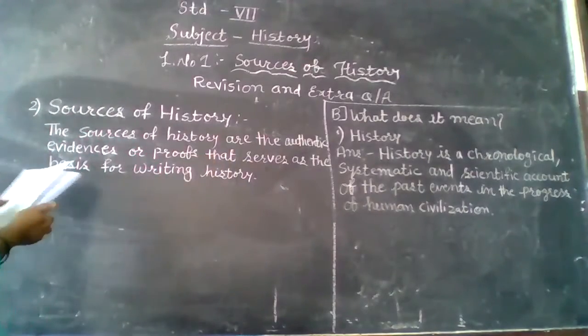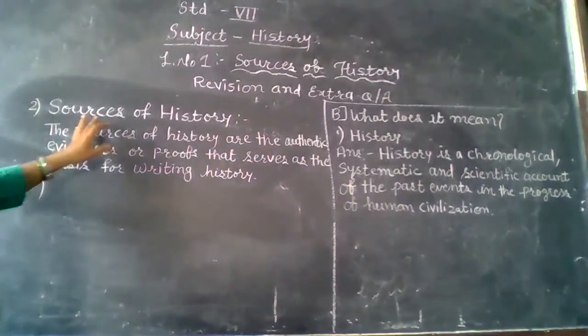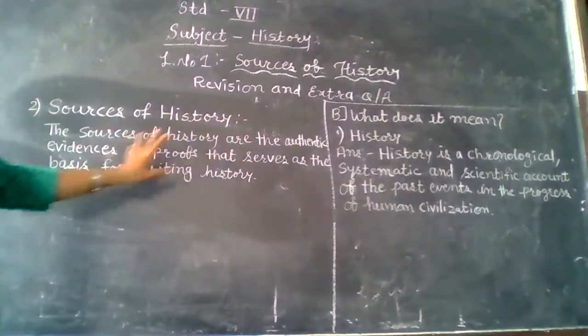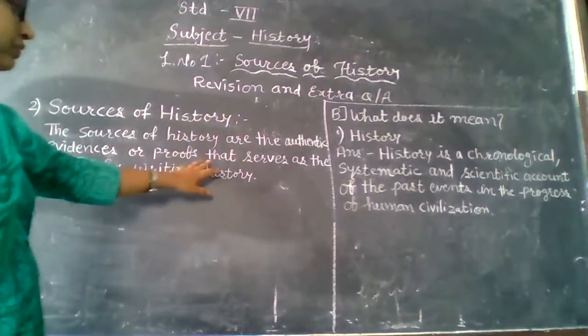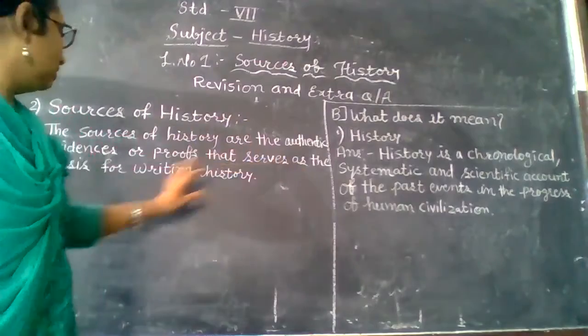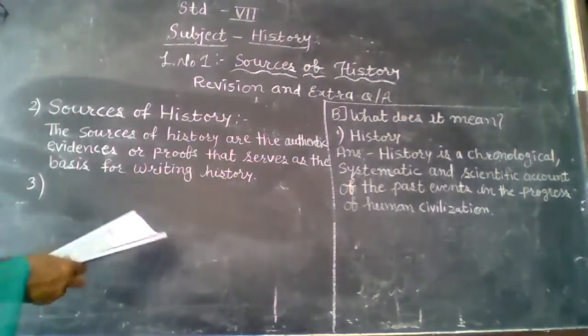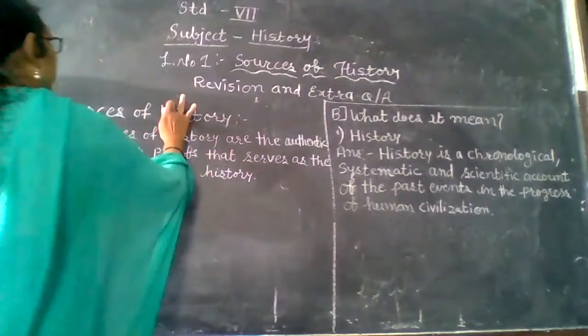Number 3. See here, sources of history. The sources of history are the authentic evidences or proofs that serve as the basis for writing history. Okay. Now next.